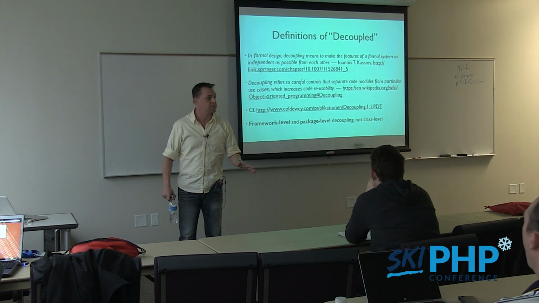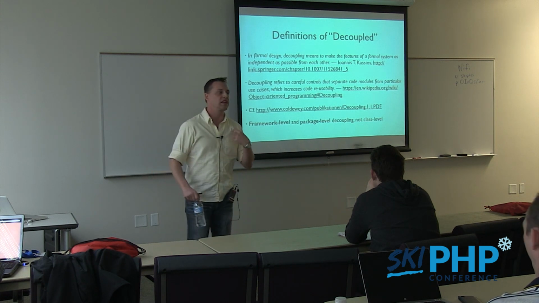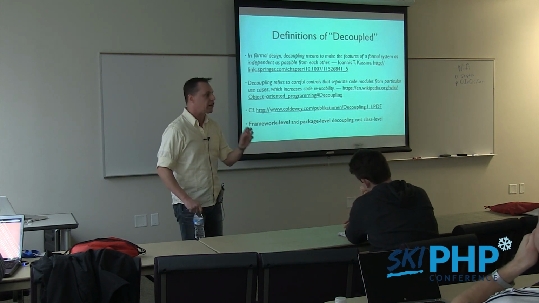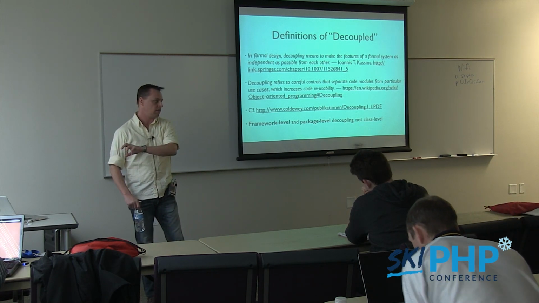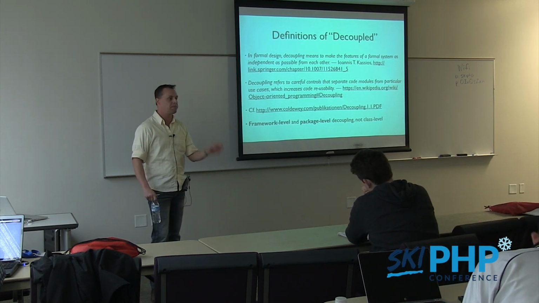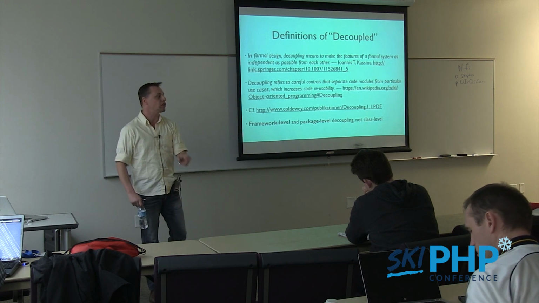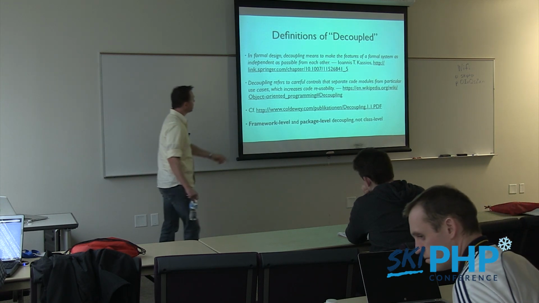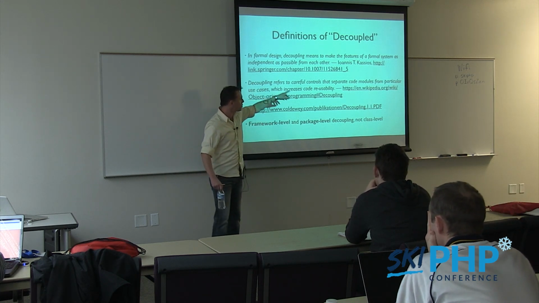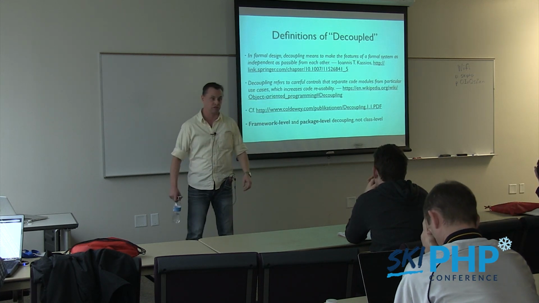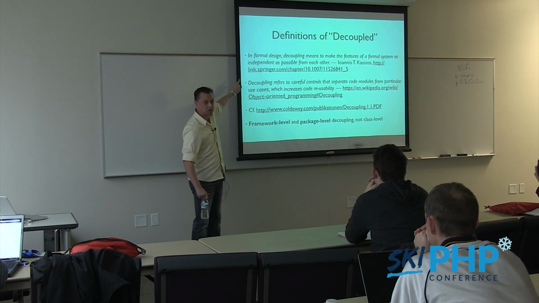The basic idea behind decoupling is we want to set up modules in our code that are completely independent of any other modules in the code. This can even go so far as to being independent from the use cases under which we're going to use that code. So again, decoupling means to make the features of the system independent, to separate code modules from particular use cases. We're going to show examples of both of these.